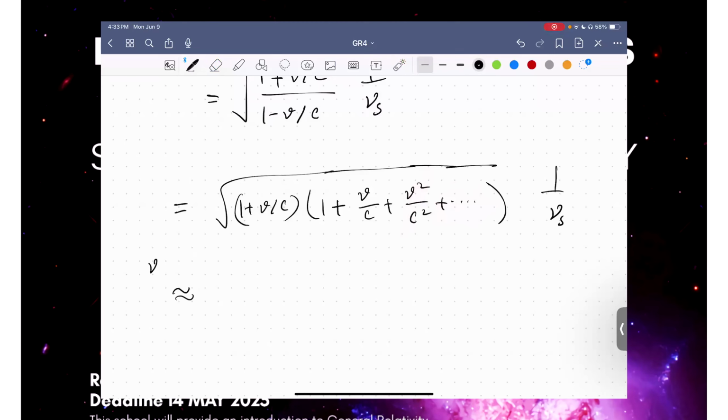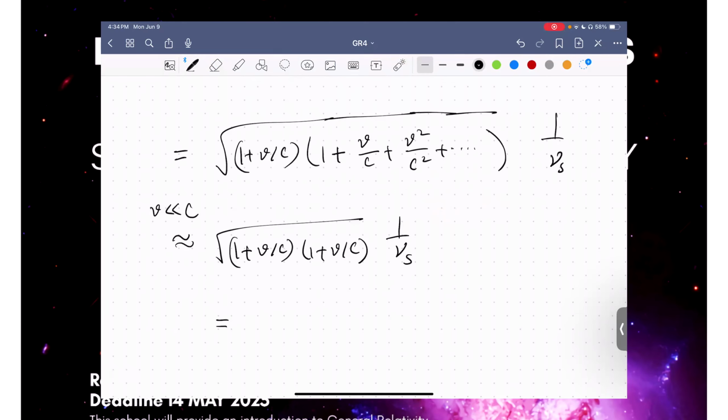So it's just the square, right? So that gets rid of the square root, and you have 1 plus v over c, 1 over nu s.